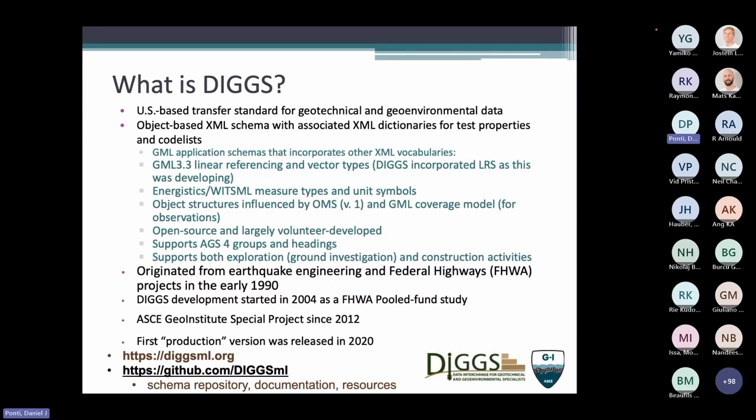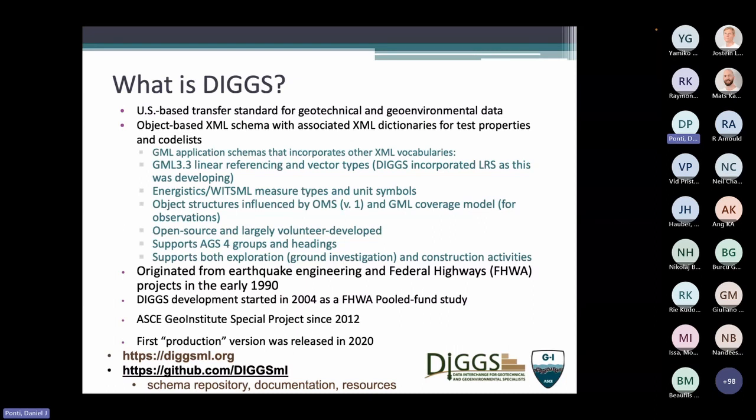But DIGS as an XML standard really started in about 2004 with a pooled fund study that was funded by the Federal Highway Administration in the US. There was an initial 1.0 version of DIGS that was created in the early 2000s that was not very usable. It was clunky. It wasn't very well designed.